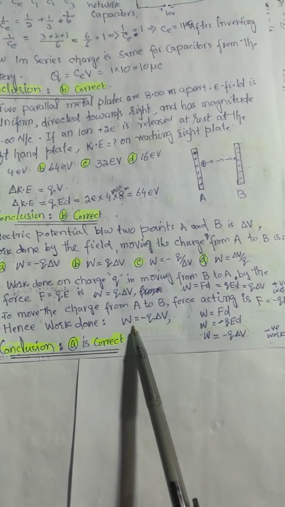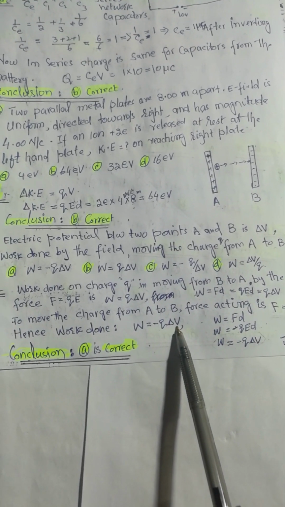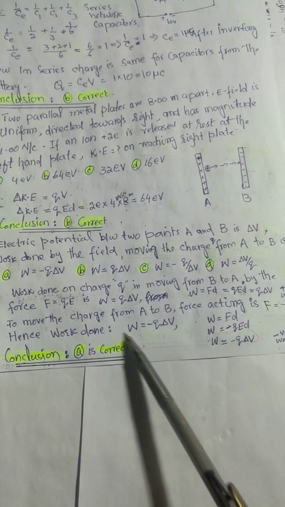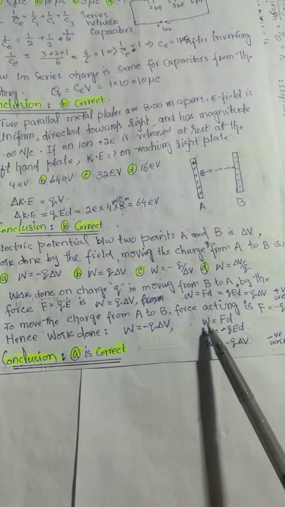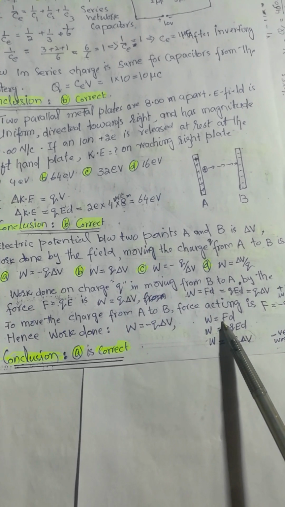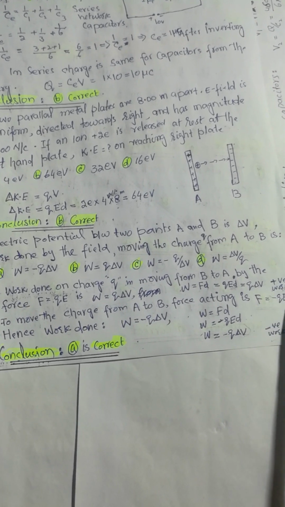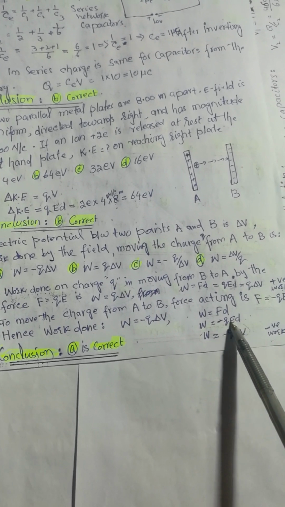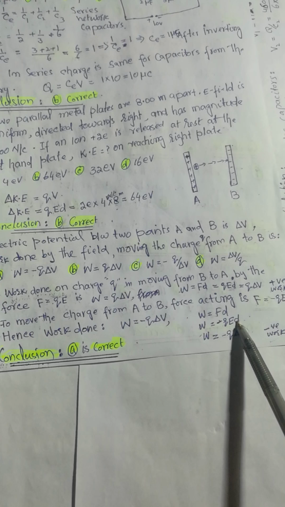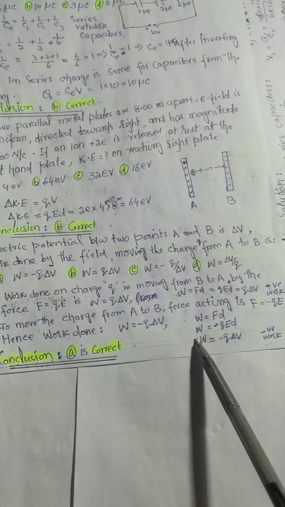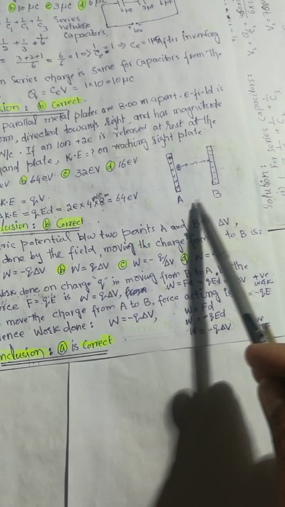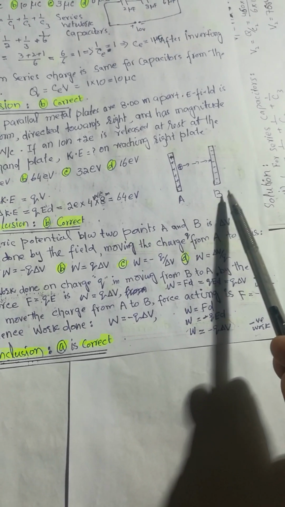Hence the work done will be W equals minus Q delta V. How does this equation come out? W equals Fd, the force is F equals minus QE, and so minus QEd. Here the product of E and d equals the potential difference. Thus this is the work done in moving the charge from plate A towards plate B.